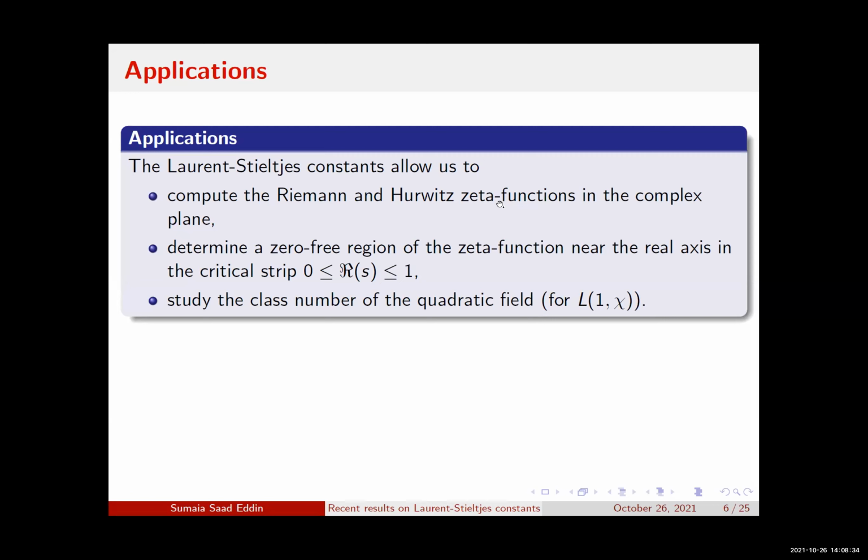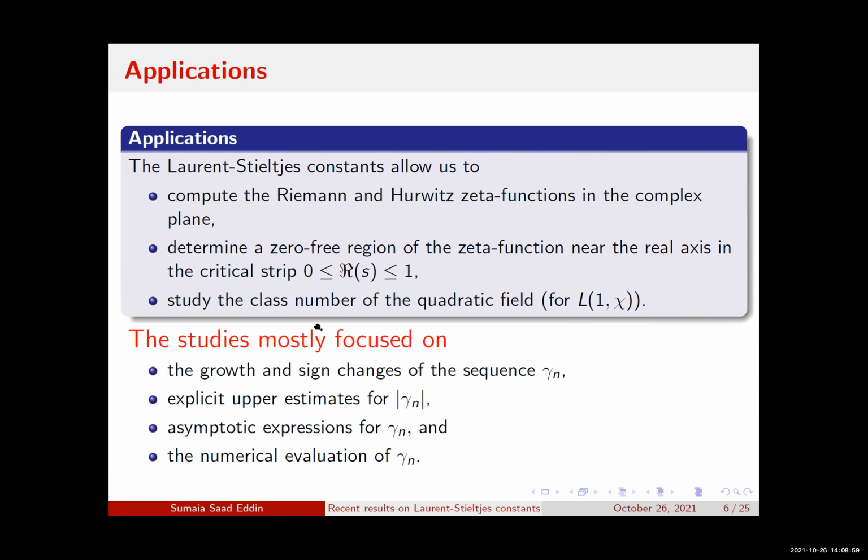They also determine the zero-free region of the zeta function, as I mentioned before, in the critical strip. And if we speak about the first derivative when the Dirichlet character is not principal, I mean L1 chi, it helps us to study the class number of the quadratic field. So that's why we are interested in this coefficient.